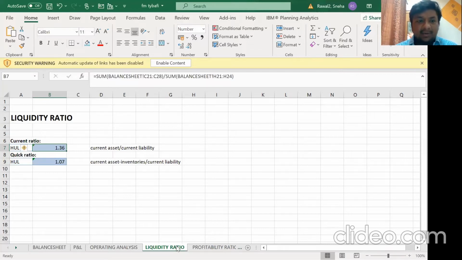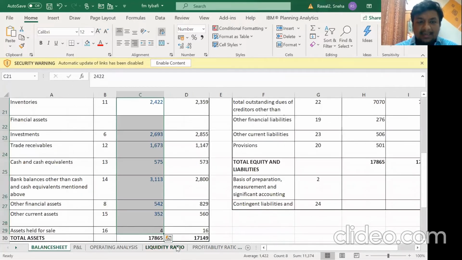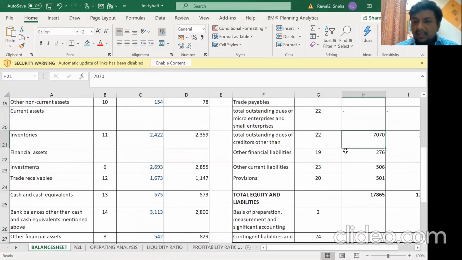The second ratio is quick ratio. The formula for quick ratio is current assets minus inventories divided by current liabilities. So the calculation stands all the current assets which we have calculated minus your inventories, that is of 2422, divided by current liabilities, that are your creditors, financial liabilities, other current liabilities, and provisions.